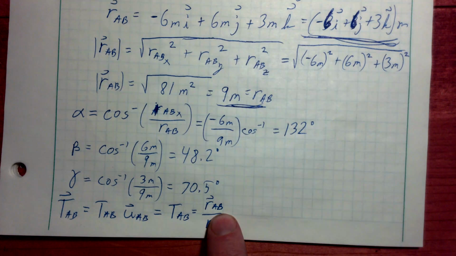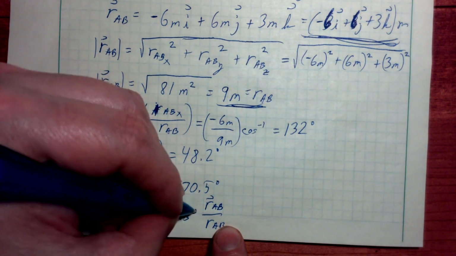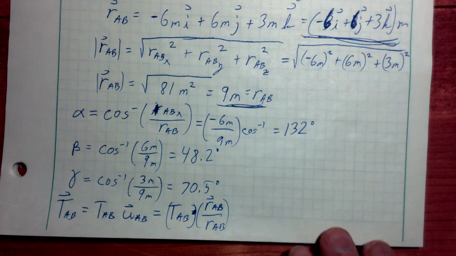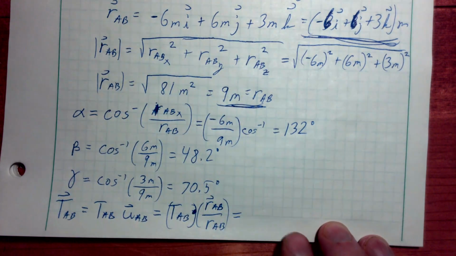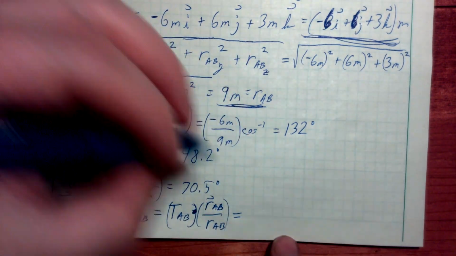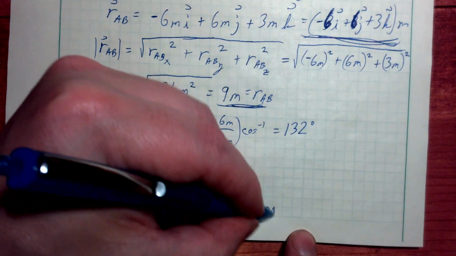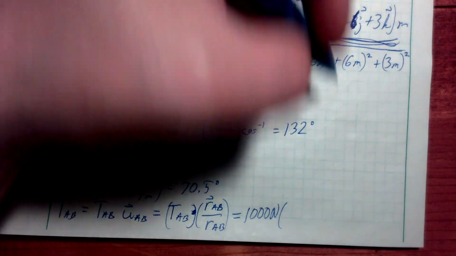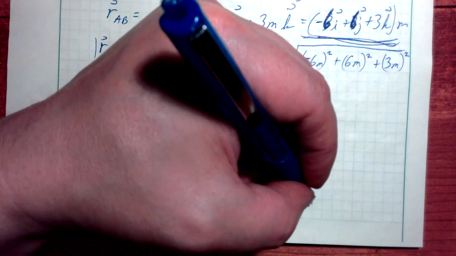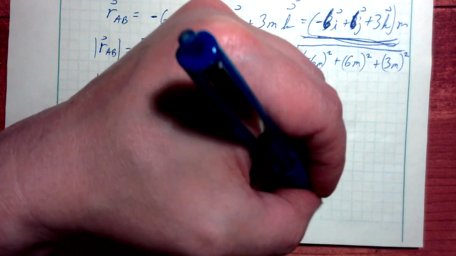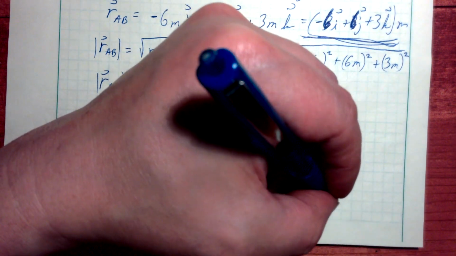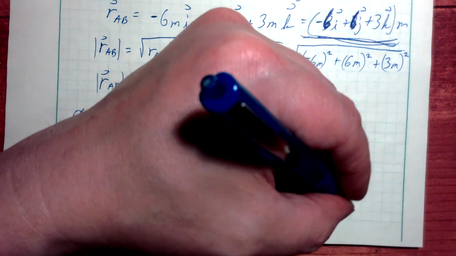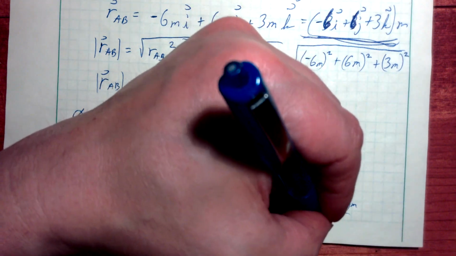So I can take this ratio and multiply it, let's say this times this. I can say if I take 1,000 newtons times this vector, this is going to be minus 6i plus 6j plus 3k, all in meters, divided by 9 meters.